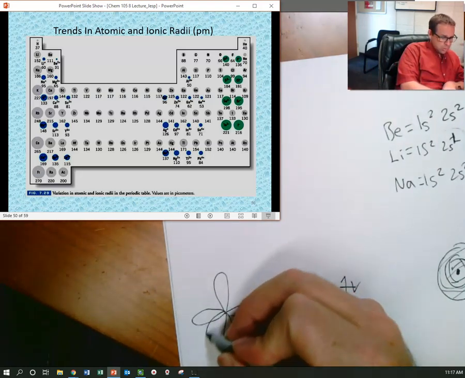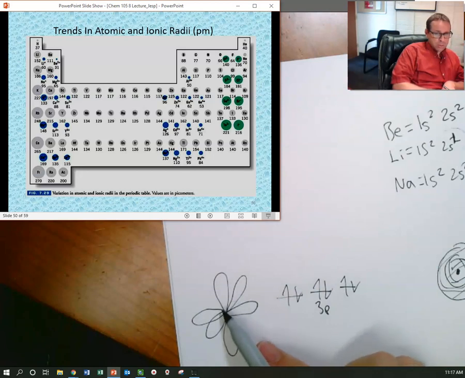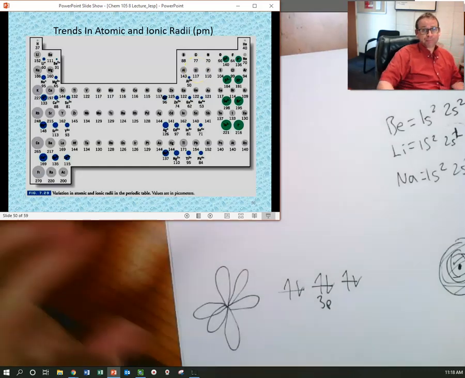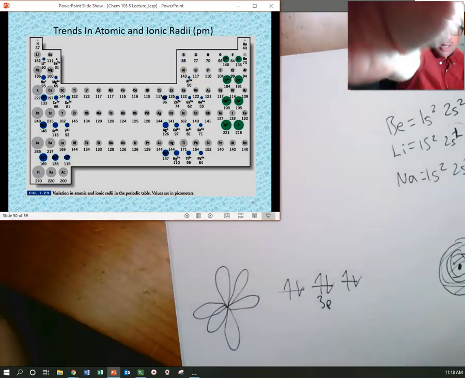Going into one of these 3p orbitals to start with, and then they're pairing up. And so we're not getting larger, we're actually decreasing, because every time we increase the atomic number, we're also increasing the number of protons by 1. Okay?